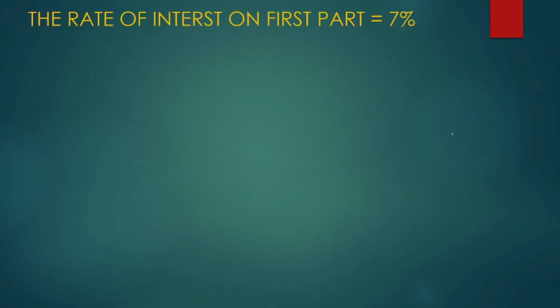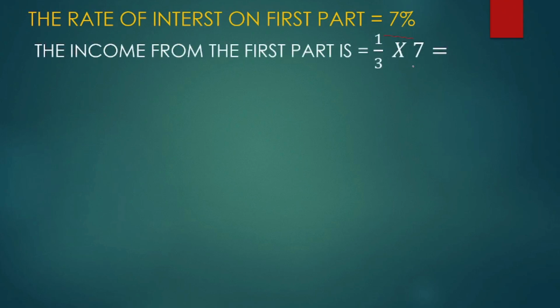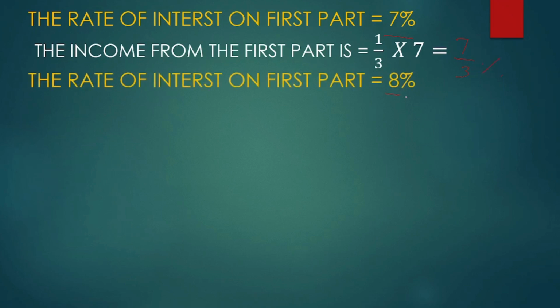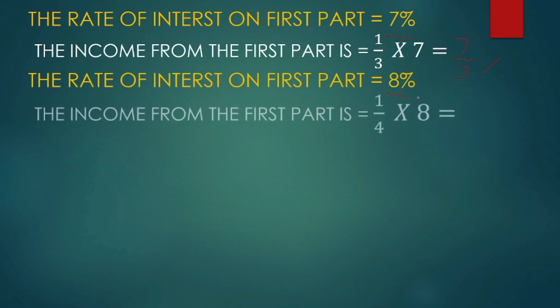The annual interest for the first part at 7% is 1 by 3 into 7, that is principal into rate of interest, so 7 by 3% here. For the second part, the rate of interest is 8 and the part is 1 by 4.